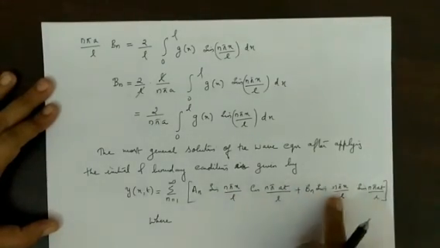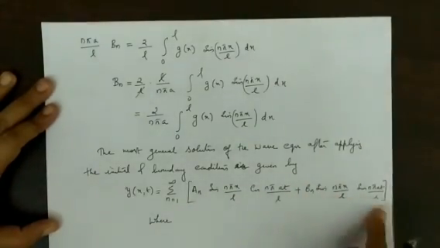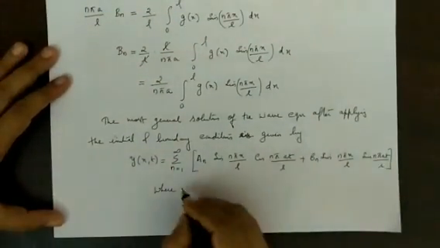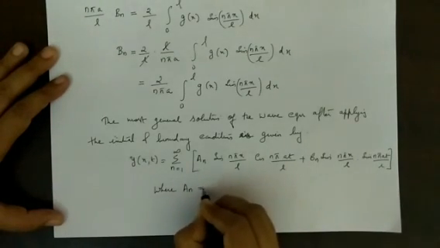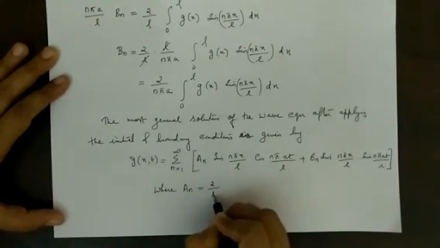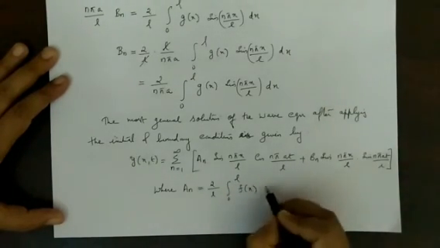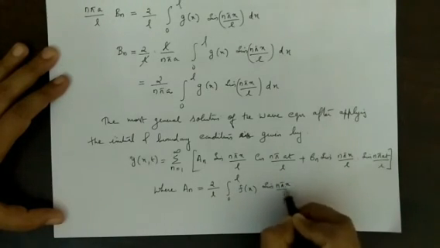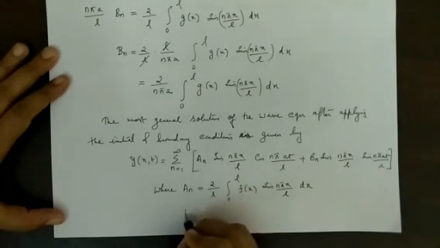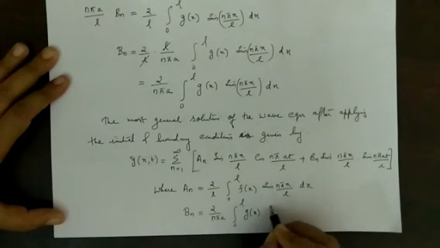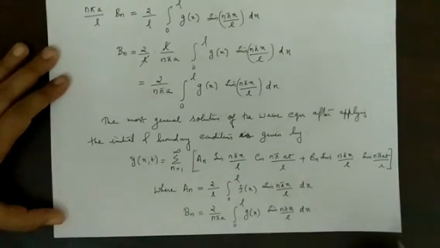Here we can take sin(nπx/L) outside, or we can multiply it inside. That is your choice, no problem. Where we got an by using the first initial condition, that is 2/L ∫ from 0 to L f of x sin(nπx/L) dx, and bn as 2/(nπa) ∫ from 0 to L g of x sin(nπx/L) dx.